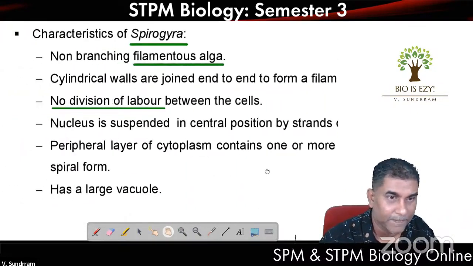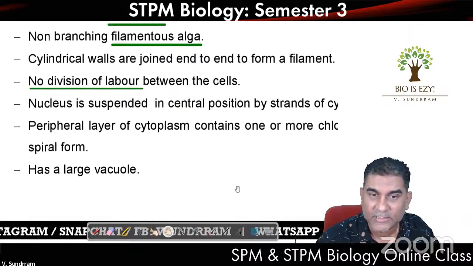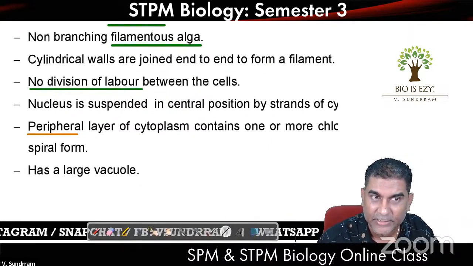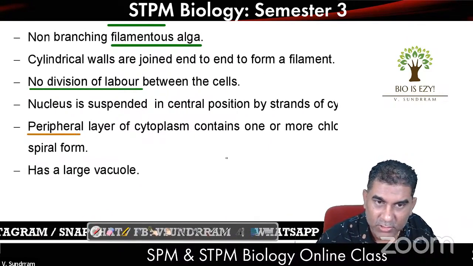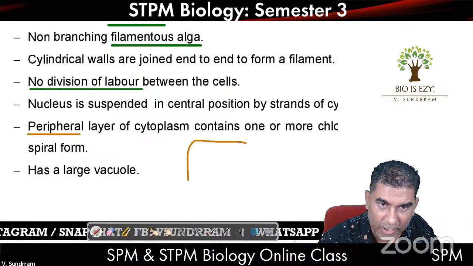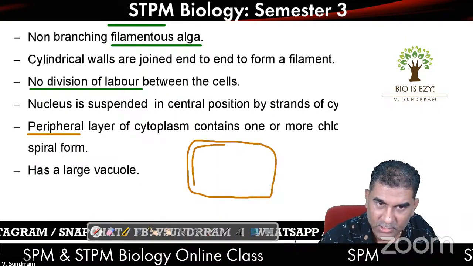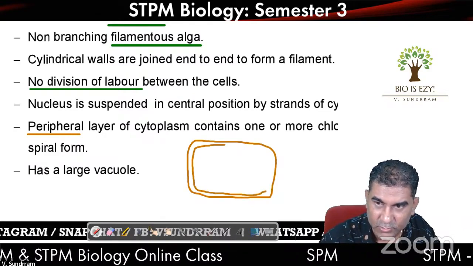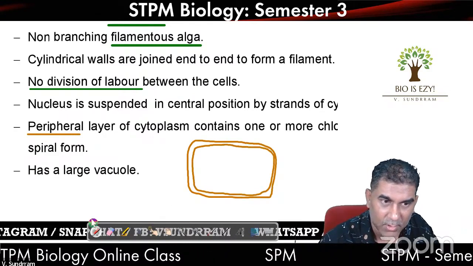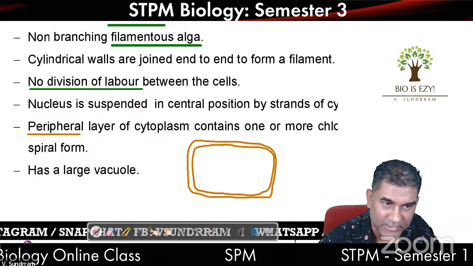So peripheral layer of cytoplasm, the word peripheral means dekat tepi. That means if you draw the cell, let's say you draw one Spirogyra like this. This is the cell wall, it's made of cellulose. So this is the cytoplasm.